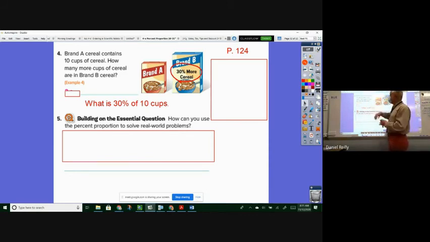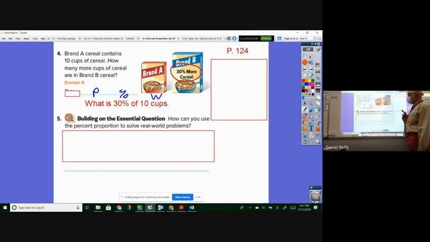You're looking for how many more cups. It gives you the percent, that's 30% of 10 cups. So what I'm looking for is the part. They give you the percent, and 10 cups is the whole. What is 30% of 10 cups?